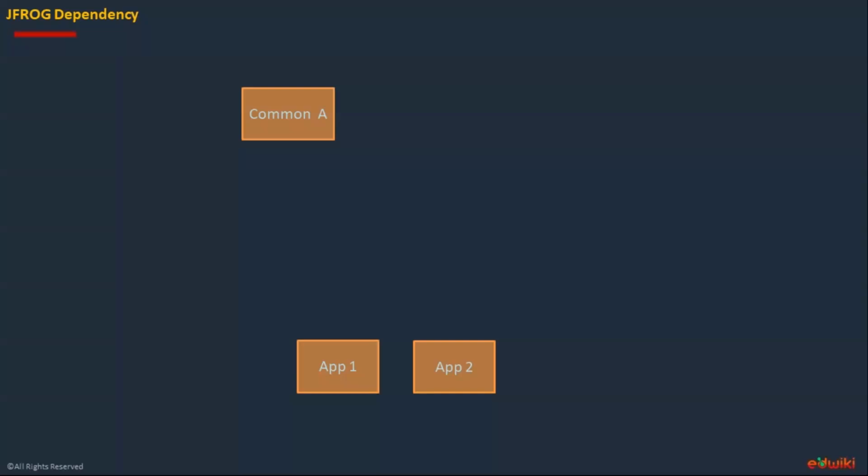Here again, the developer will be writing the code and keeping it ready. Let's say common A is the code related to the sign-in functionality, that has only the sign-in functionality, how the sign-in will work for a website. Like that, all the common dependencies that may be needed for most of the applications, they will keep in a different application altogether.